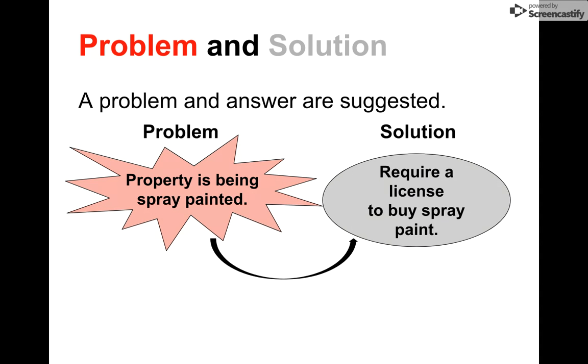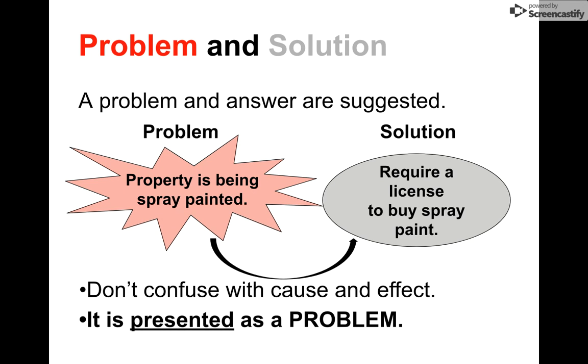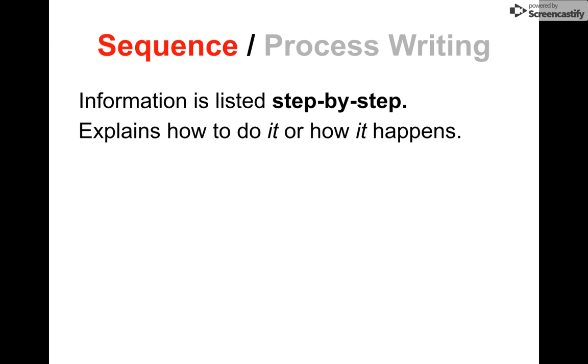That's still okay. The big thing to remember here, though, is that you don't want to confuse this with cause and effect. Cause and effect means you have something happen and then something else happens as a result, whereas problem and solution is: this is something that's a problem, this is something that we don't want, and we need to list out potential ways to fix it.